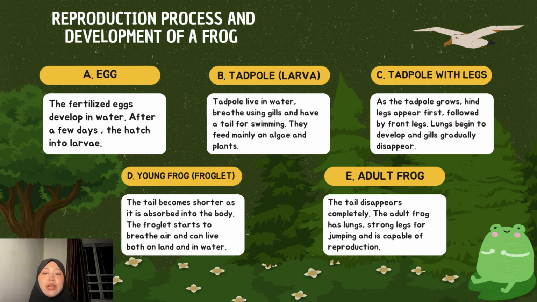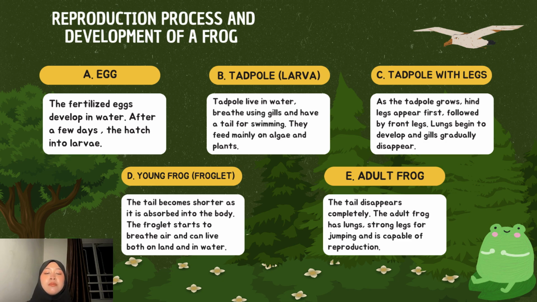Secondly, tadpoles live in water, breathe using gills, and have a tail for swimming. They feed mainly on algae and plants. As the tadpole grows, hind legs appear first, followed by front legs. Lungs begin to develop, and gills gradually disappear.